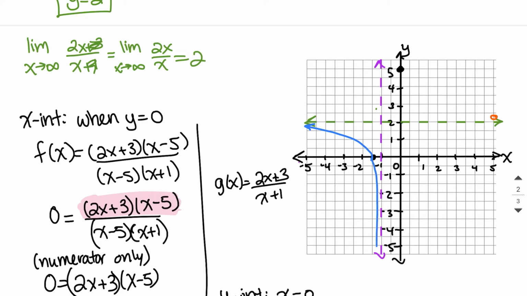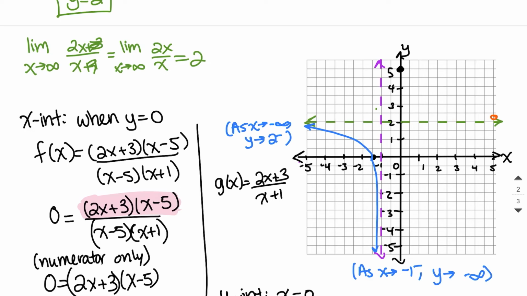So we know that this right here will look as follows. Notice I was able to go through my x-intercept. This piece is saying as x approaches negative infinity, y is approaching 2 from underneath. And this piece is saying as x approaches -1 from the left side, y is approaching negative infinity.